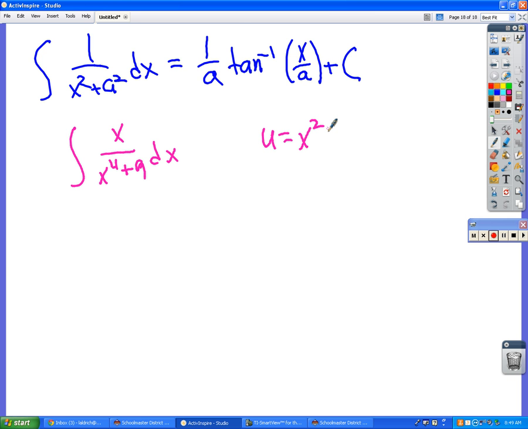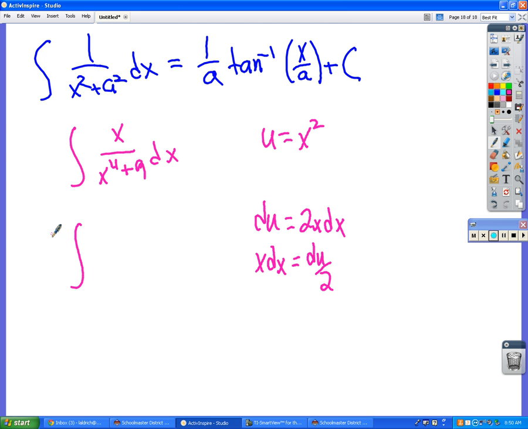That's okay this time because when we take the derivative of that, you're going to get an x in there, right? They gave us this extra x on top to work with just so that would work out. So the derivative of x squared is 2x dx. So this x dx right here really equals du over 2.